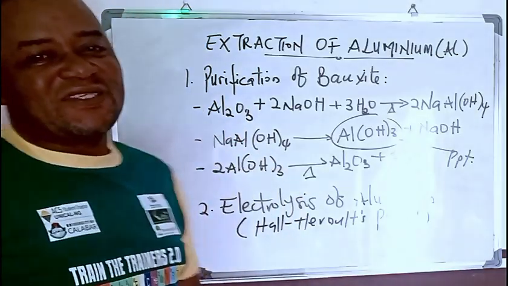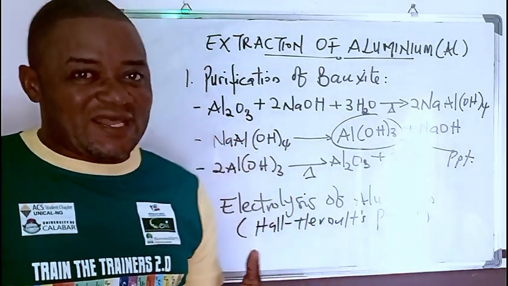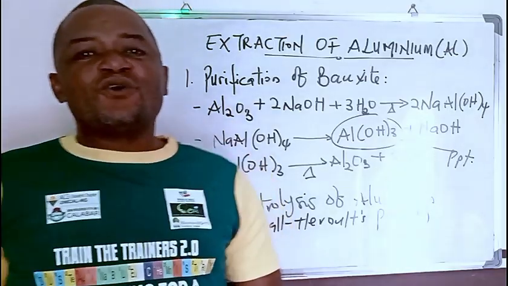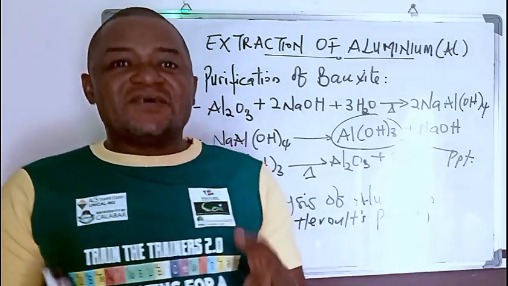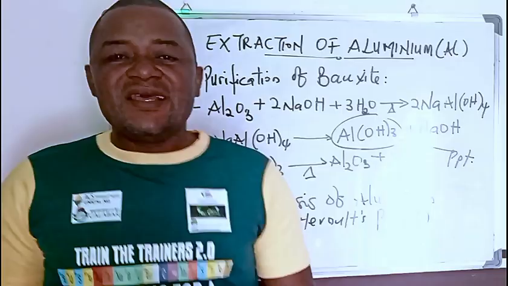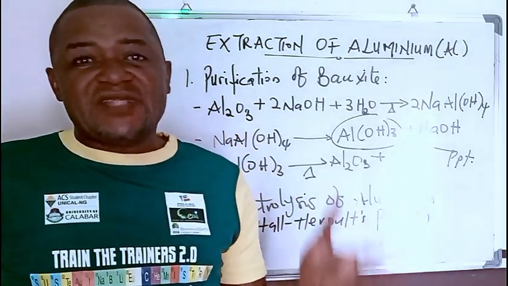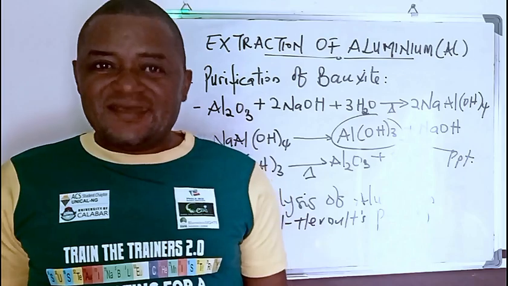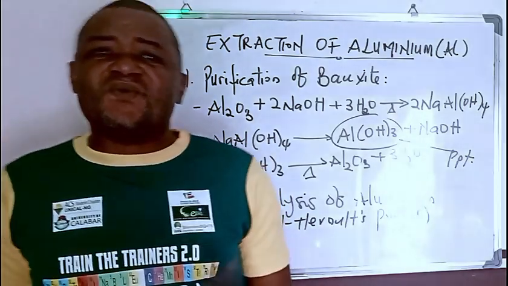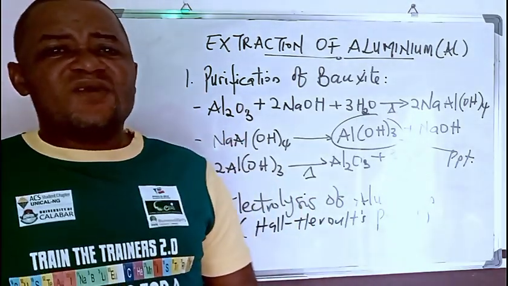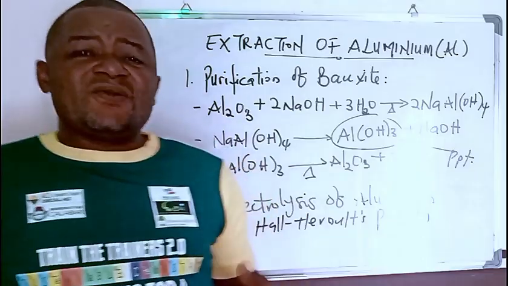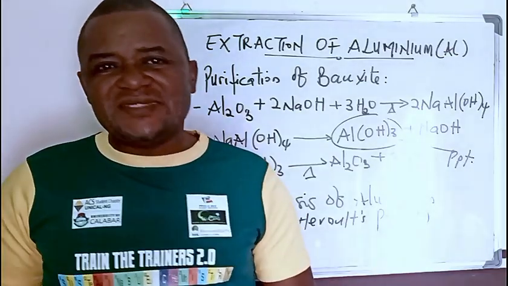Aluminium belongs to group 3 in the periodic table. If you go to the periodic table, aluminium belongs to the group 3 elements. Aluminium has an atomic number of 13, quite close to sodium as a metal.